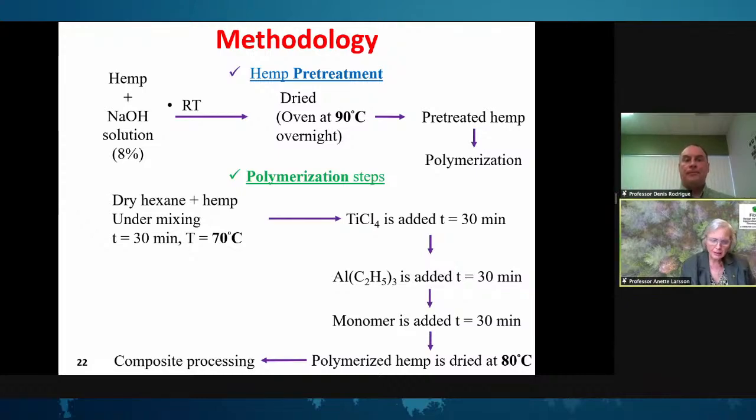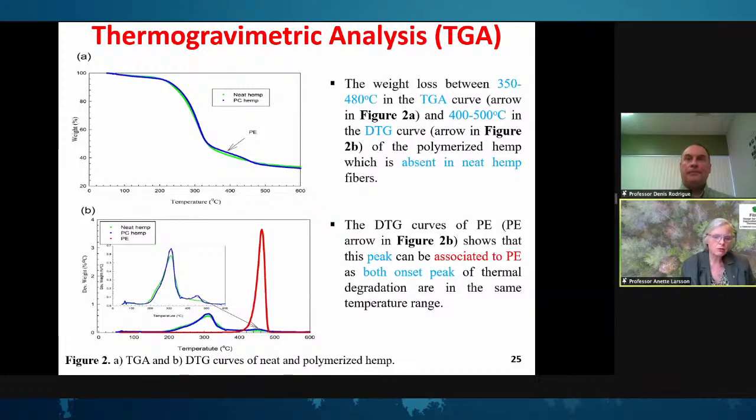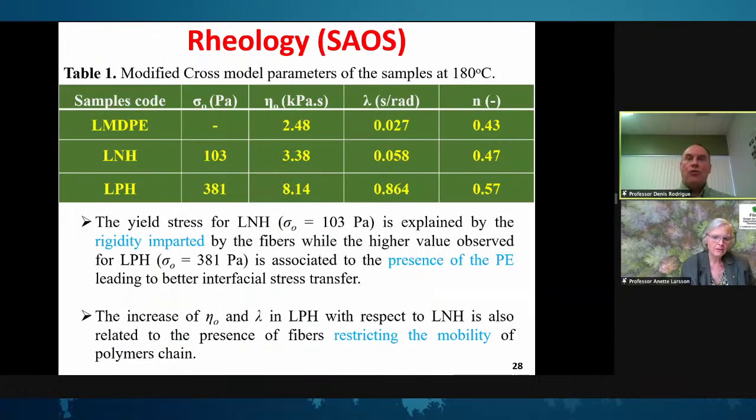And later you were testing them in different ways, for example, rheology. Did you add more polyethylene to that system, or was it just the one that was on the surface? Yes, that's a good question. Just the one that was... we tried to mold the fibers directly, but it was not very good.